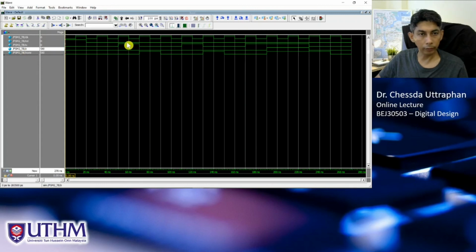So if W equal to 1 this time, we can see that Z will remain 0 because in the next cycle W is 0 already. So there is no difference for Z. And here W goes to 1 again, and because in the next cycle W goes back down to 0, Z will remain 0.